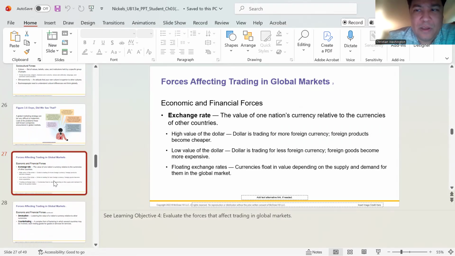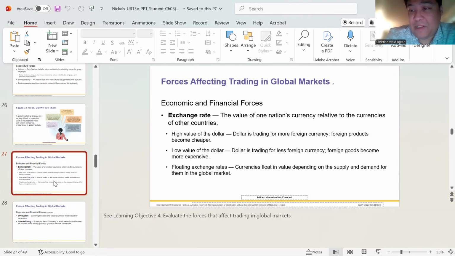We went over the Chinese yuan in relationship to the US dollar, and high value of the dollar's trading more, low value of the dollar's trading less in foreign currency, and there's a floating exchange rate where currencies float in value depending on the supply and demand for them, the global market. So that means this applies especially to the US dollar.